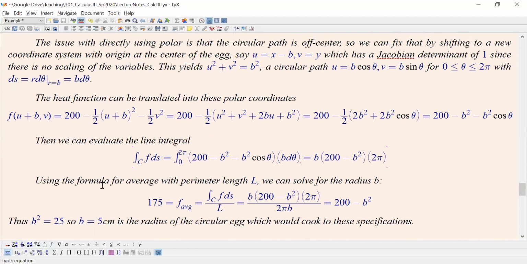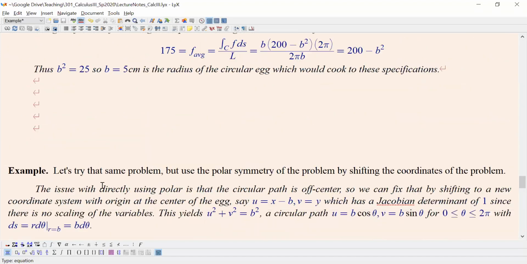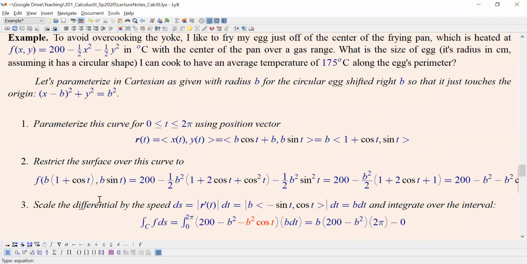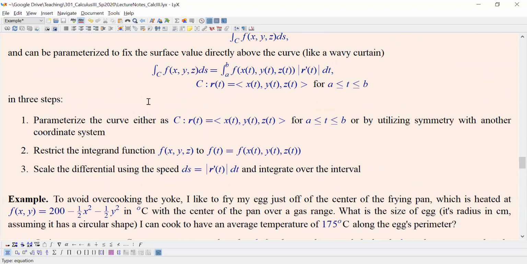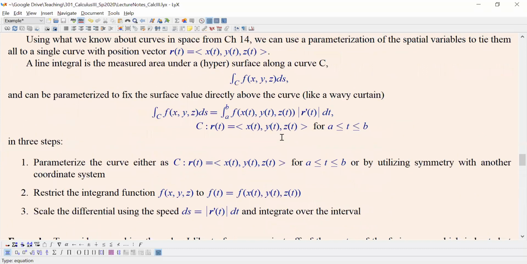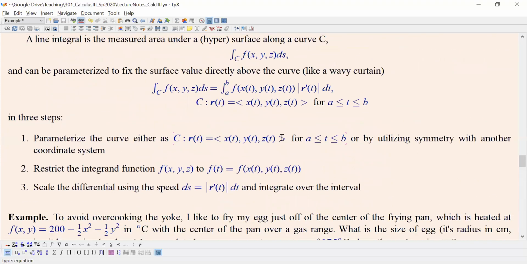So I hope this is helpful in visualizing how polar symmetry can allow us to get through some of this more, shall we say, complicated parameterization. And if we can avoid some of these steps, it's helpful.